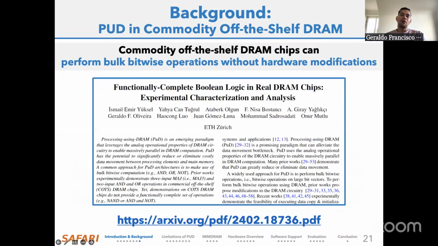Before this work, processing using DRAM was mostly limited to custom designs. In this work, we studied off-the-shelf DRAM chips and saw that commodity off-the-shelf DRAM chips are capable of performing bitwise operations without any hardware modification.